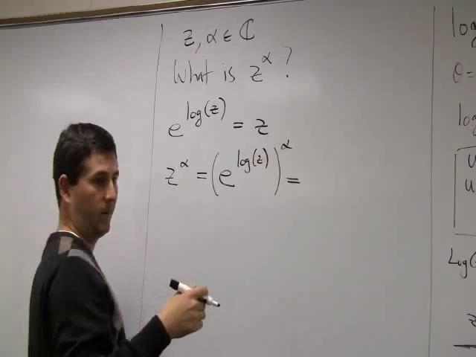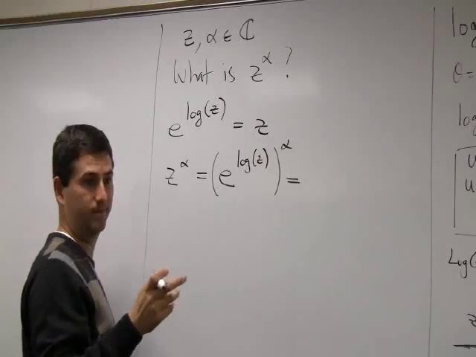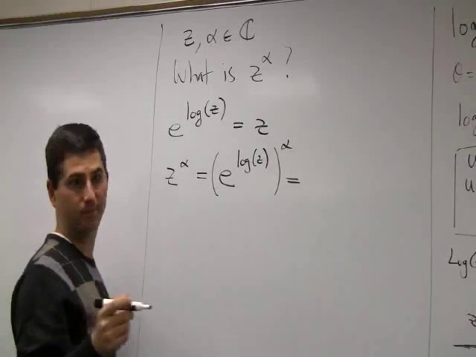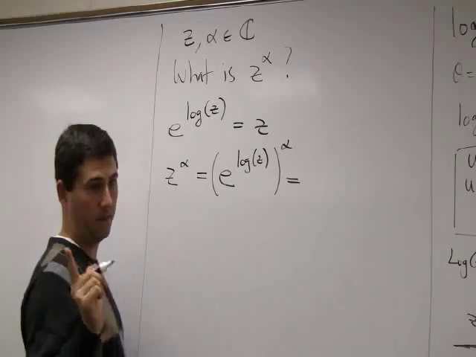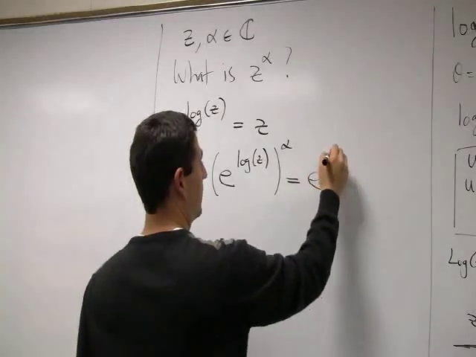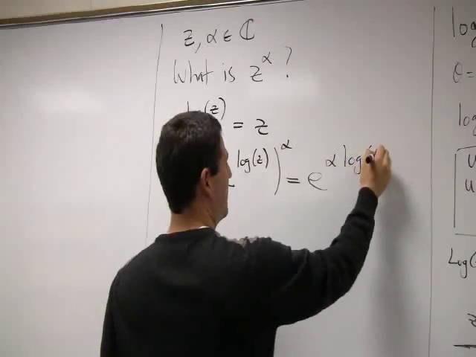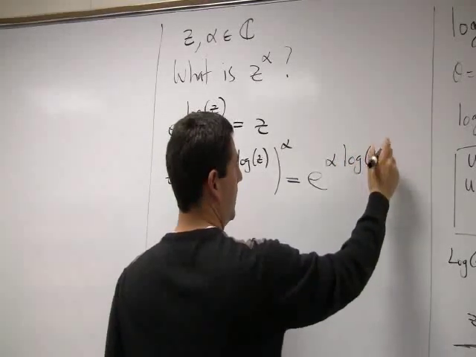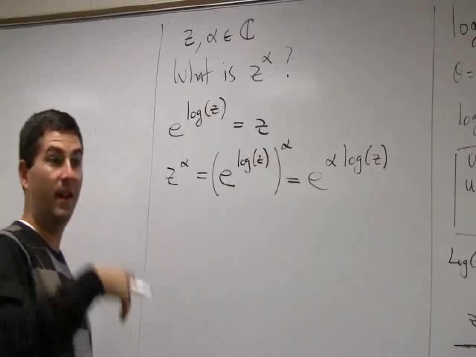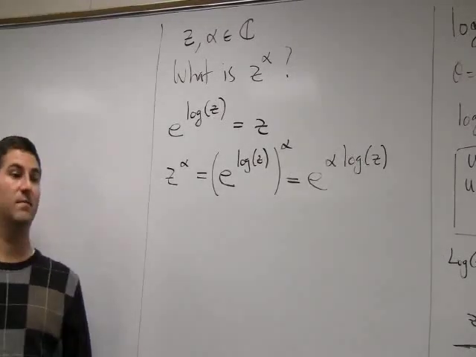Which, by the way, is that true? Well, we actually answered it yesterday, but it's also on your homework. Is that property you just said true, that log of z to the alpha is alpha log of z?